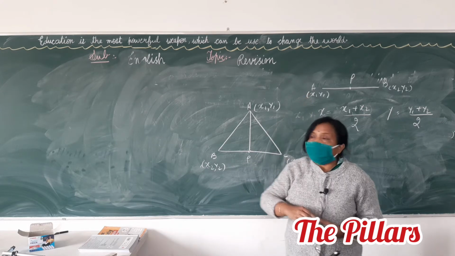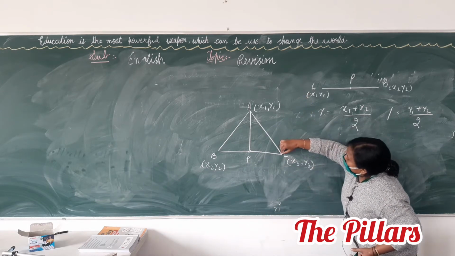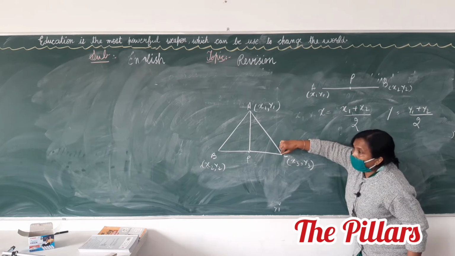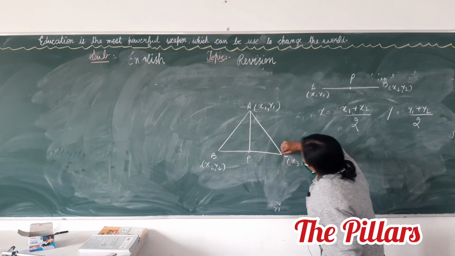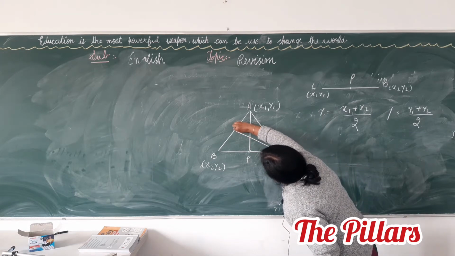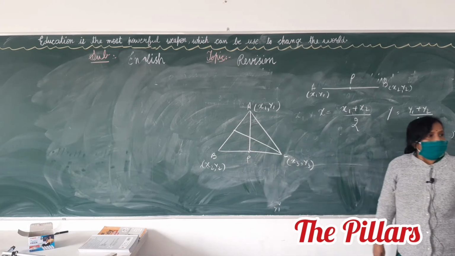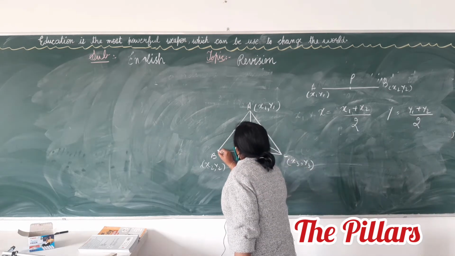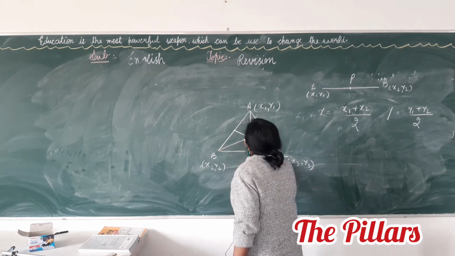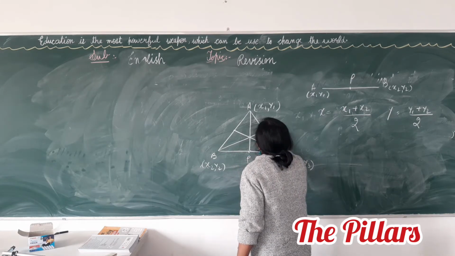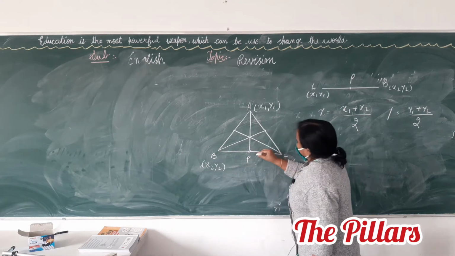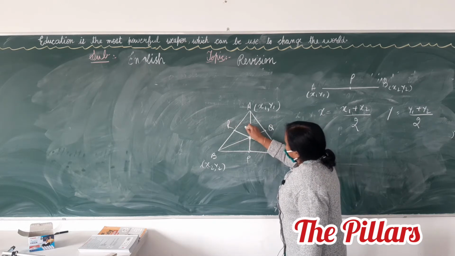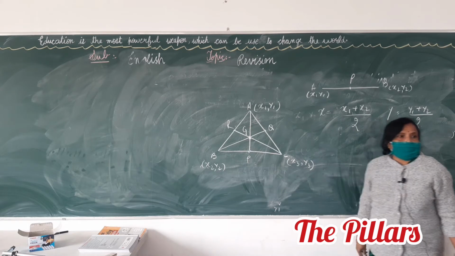Okay? And again, from a vertex joining the midpoint of the opposite side. P, Q, R, and wherever they meet, this is called what? Centroid.